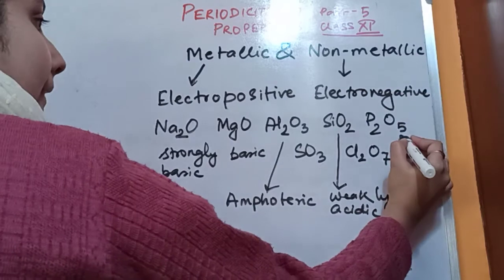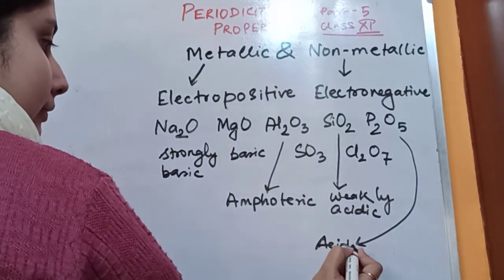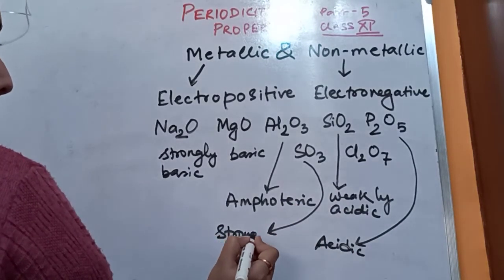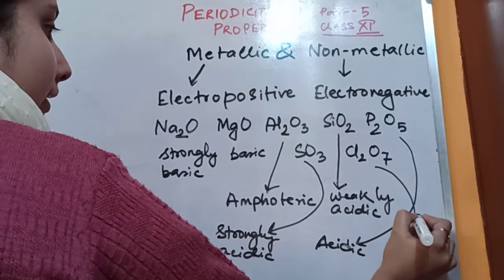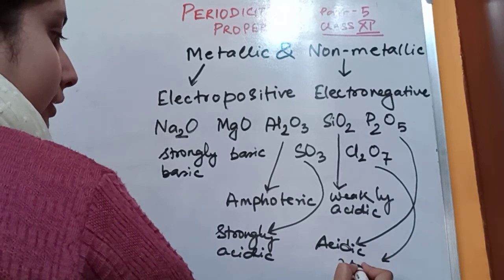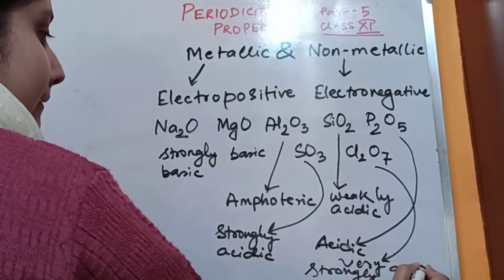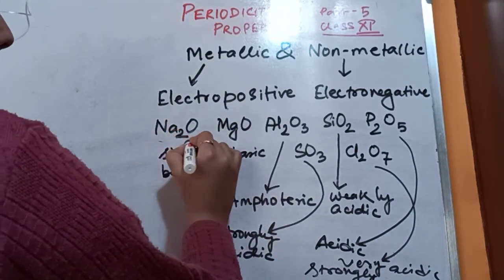After that, phosphorus pentoxide is acidic. Sulfur trioxide is strongly acidic, and Cl2O7 is very strongly acidic. So the acidic character increases from left to right.